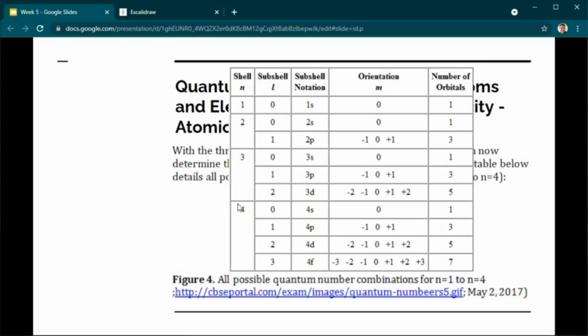And so on and so forth. l equal to 3 is denoted by f, and then negative 3 to positive 3, altogether is 7. When we have n equal to 5, we have an l equal to 4 subshell, which will be denoted by g, then negative 4 to positive 4, that will be 9. Okay, so that's it.